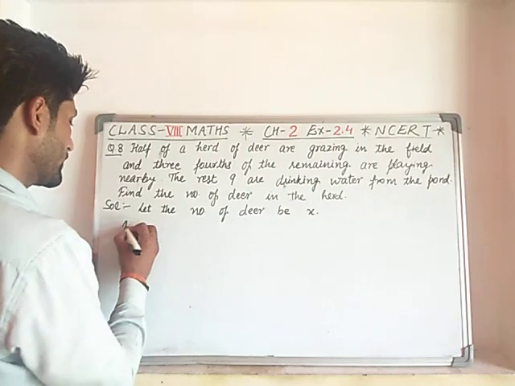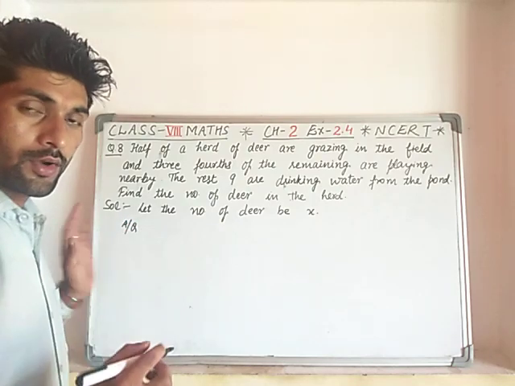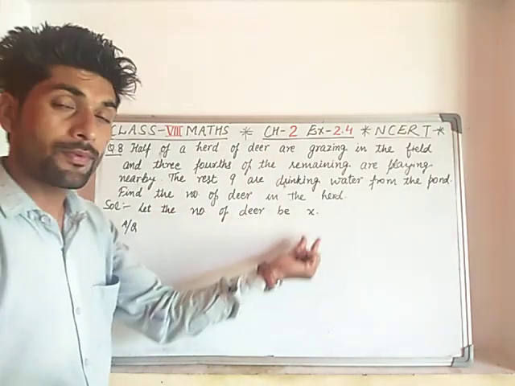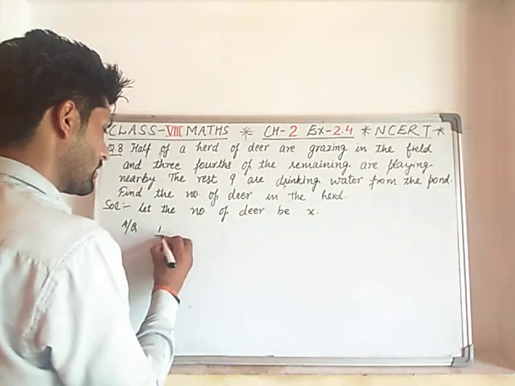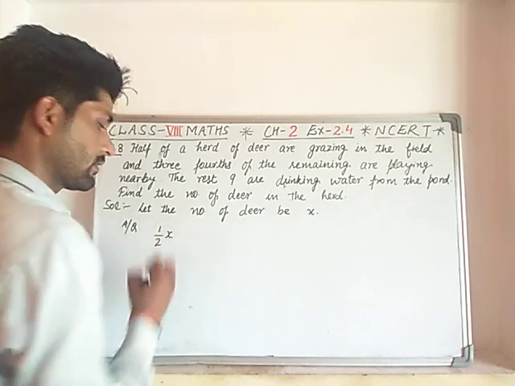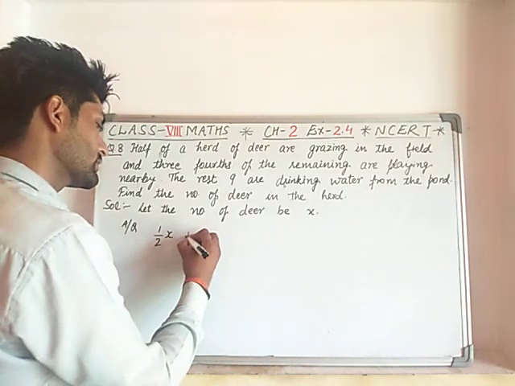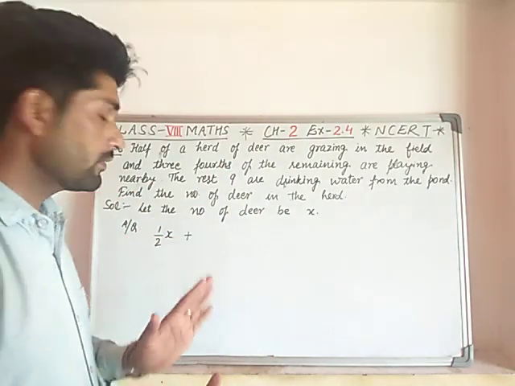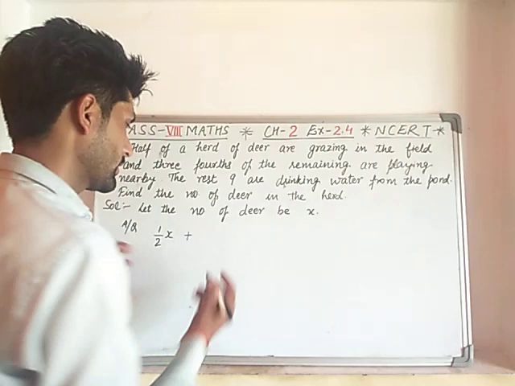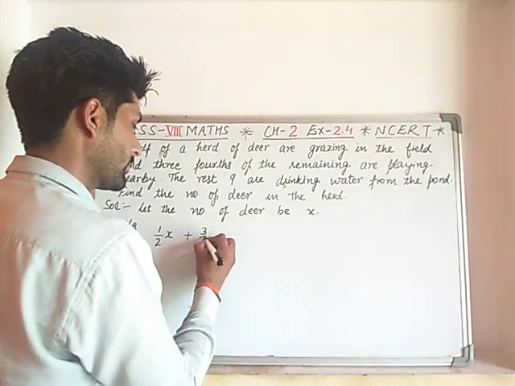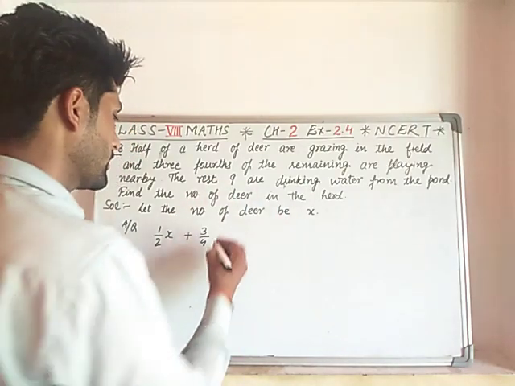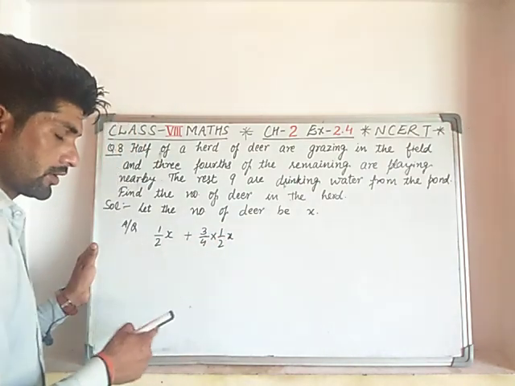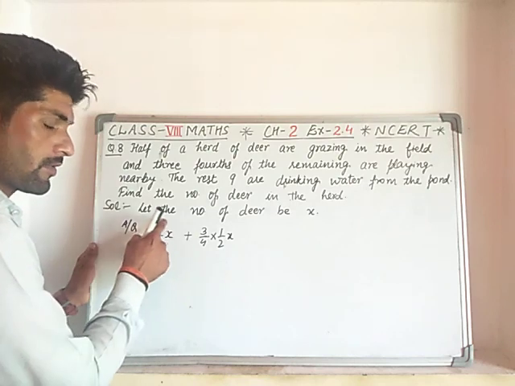Now according to the question, half are grazing in the field, so half of x, that is 1/2 x, plus 3/4 of the remaining, which is 3/4 of x/2.